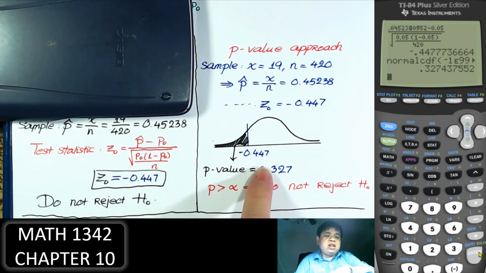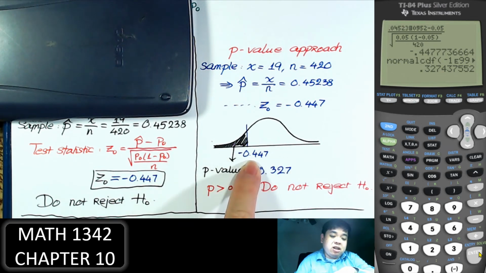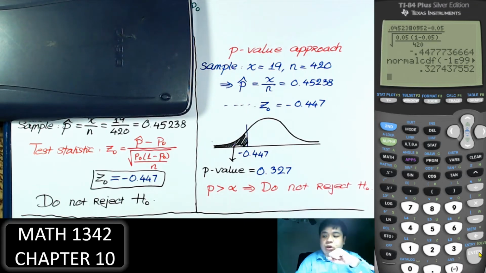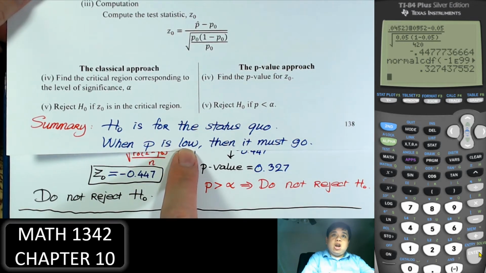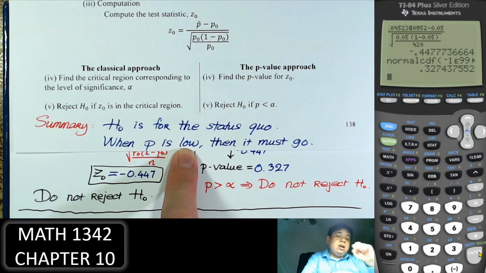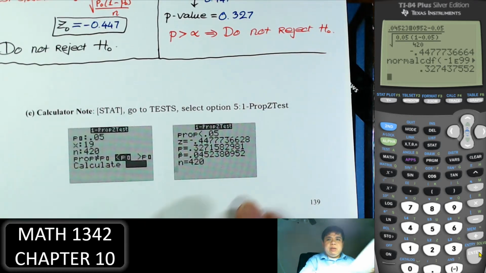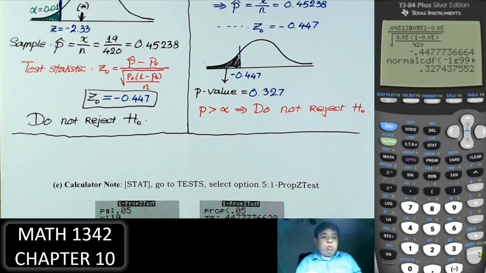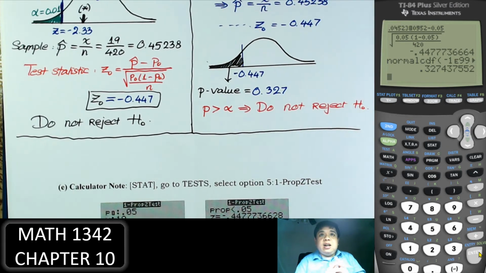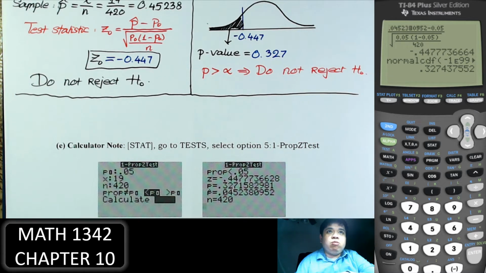We still calculate the test statistic, then we calculate the p-value corresponding to it. If p is greater than alpha, do not reject. When the p-value is small, p less than alpha, we reject. The good thing is we don't have to go through all of this; the calculator will calculate the p-value for us.